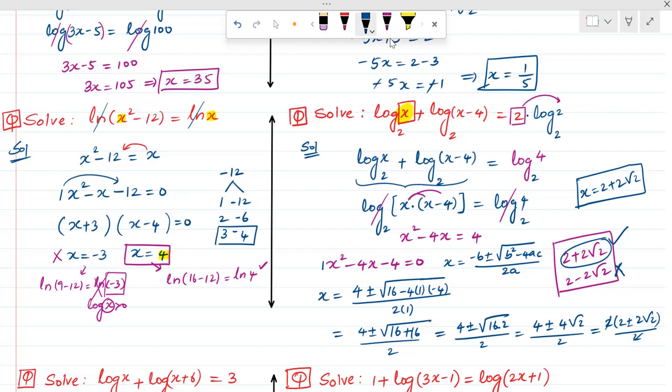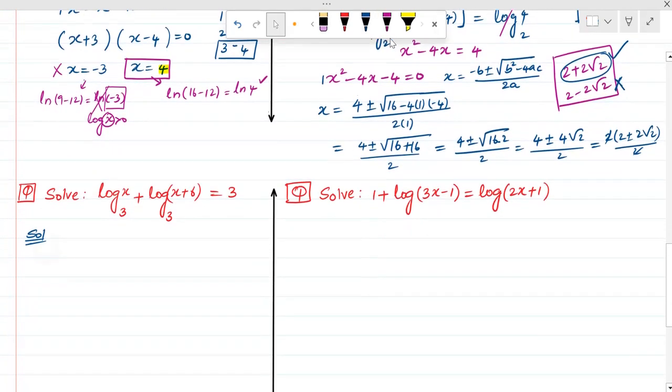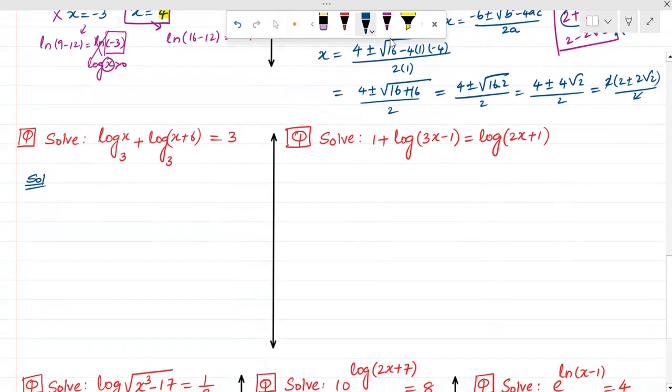Now the next: solve log x base 3 plus log x plus 6 base 3 equals 3. Since there is a log missing, I have to write log base 3, it is the same number. Now the next step, I will move the power here. So what happened?